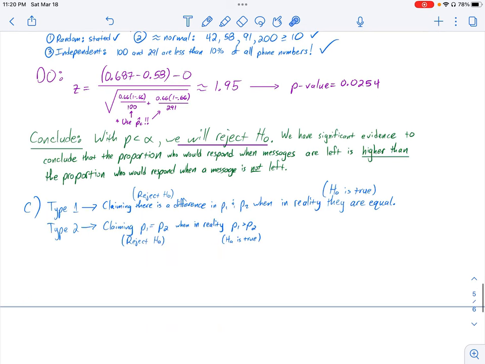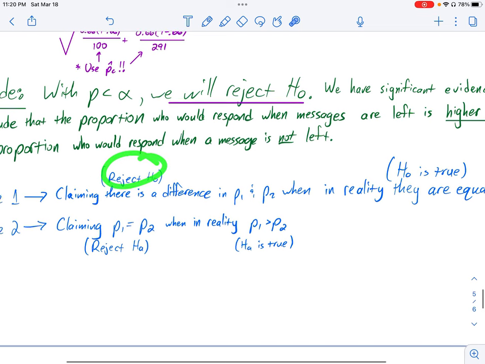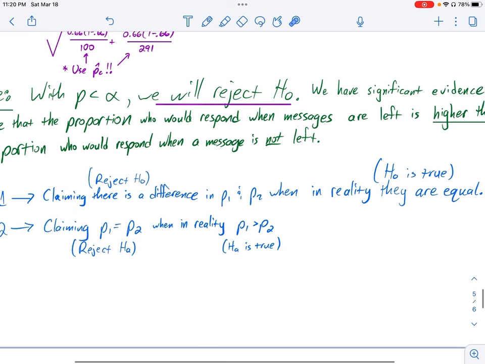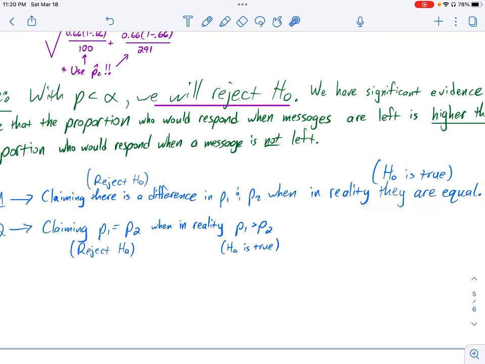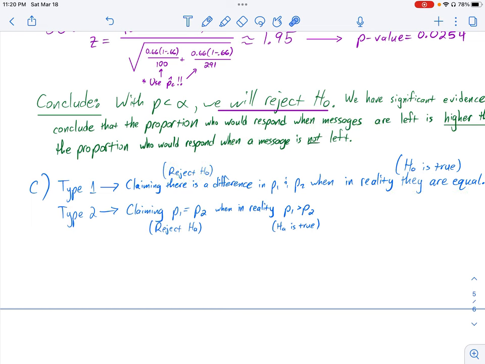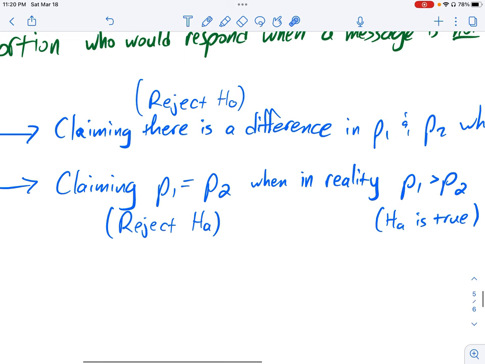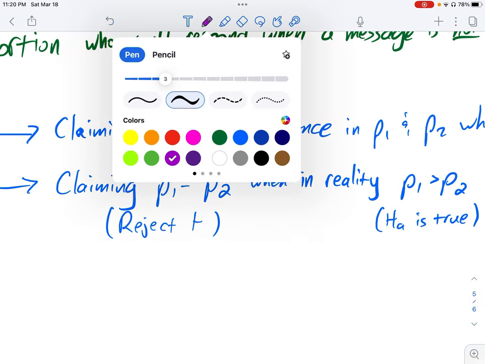Type 1 is when you reject the null. You claim there is a difference in proportions, but in reality they are equal. So you reject the null, but the null is true. That's a type 1. Type 2, my handwriting is almost not big enough to read.